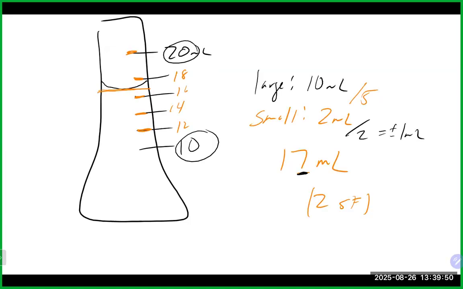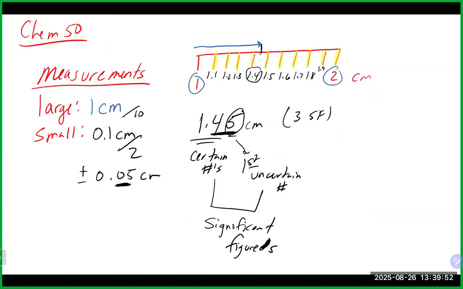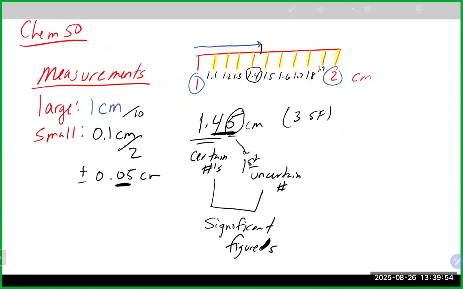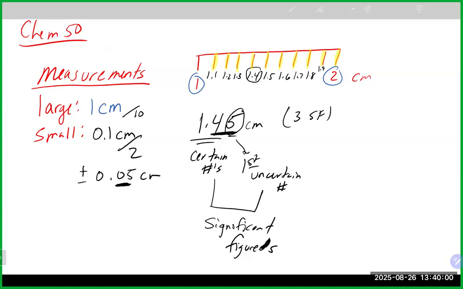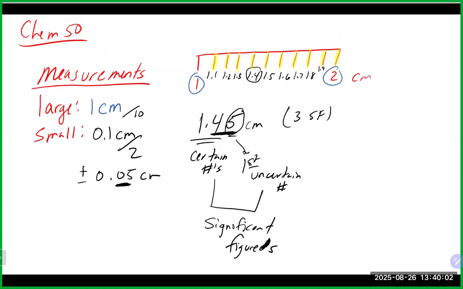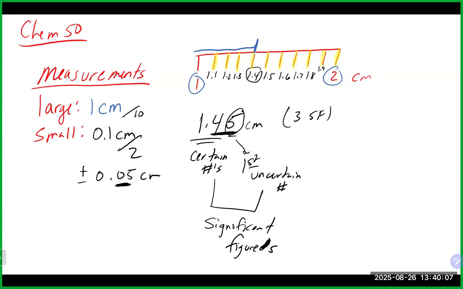Also a reminder that it's really important when you take a measurement. Let's say we had something that we're measuring, which always happens in lab, right? And let's just say it is dead on that mark right there at 1.4.